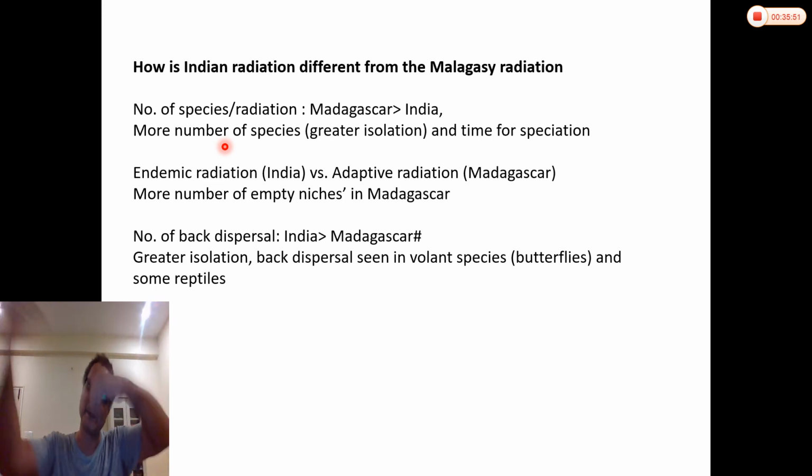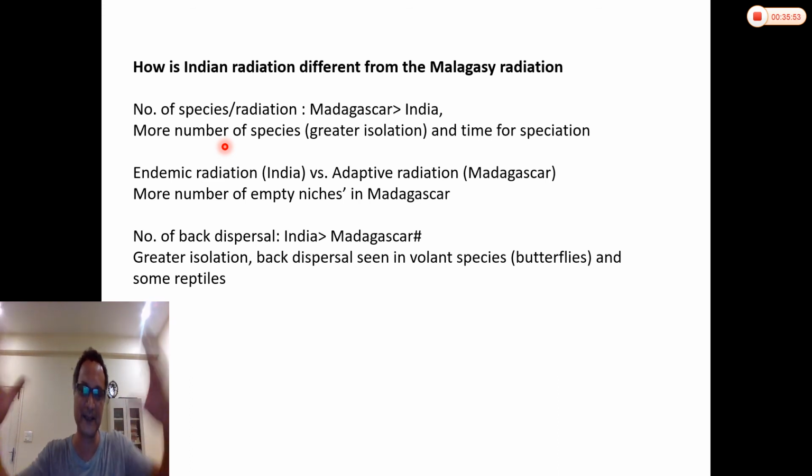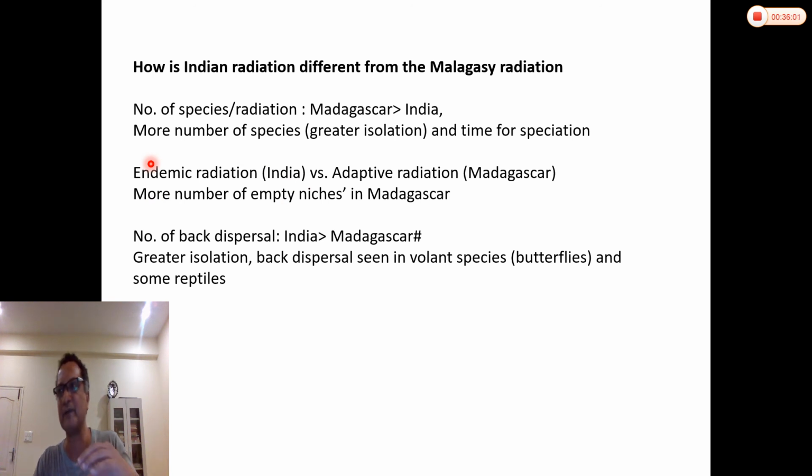Whereas India, it has been porous borders, right, and isolation has been not as long as Madagascar. In India, you see endemic radiation. So you have many species in a radiation, but morphologically they don't look very different, and so the radiation is not really an adaptive radiation. And as I said, I'll talk more about it in future. Whereas in Madagascar, you see adaptive radiation.